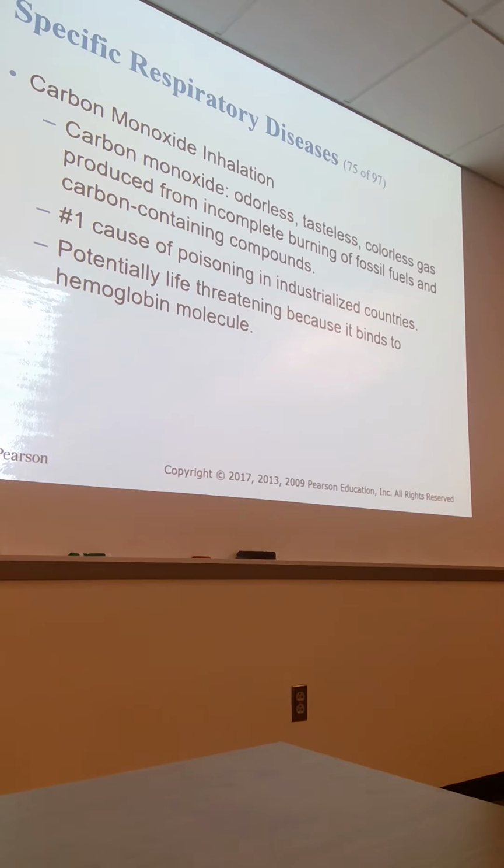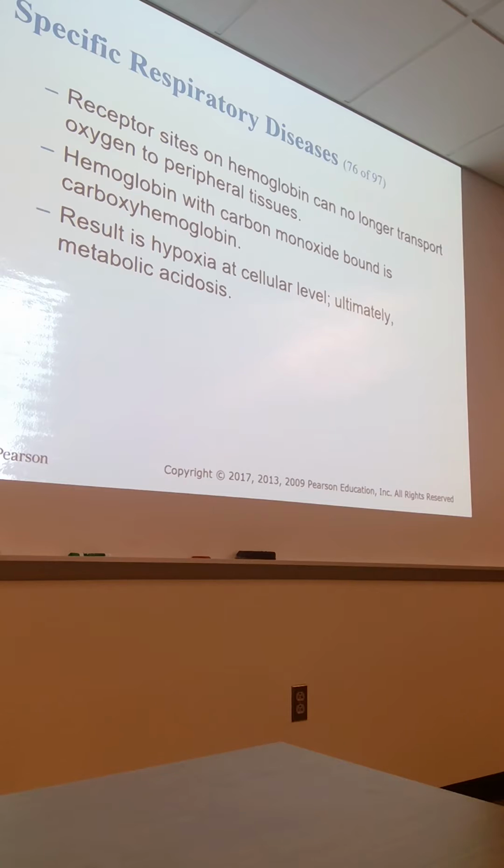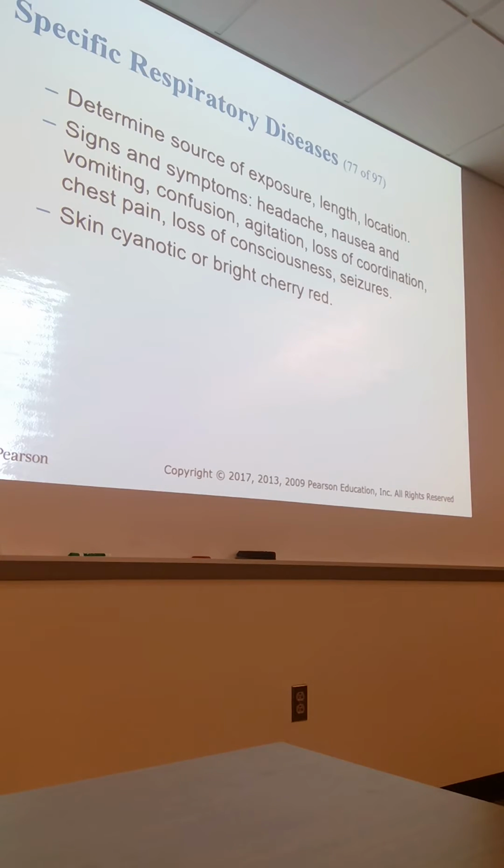Okay, we talked about that. All right, the length and location is important. You know, I'm gonna get a blood gas and that's gonna tell me the percent of carboxyhemoglobin.